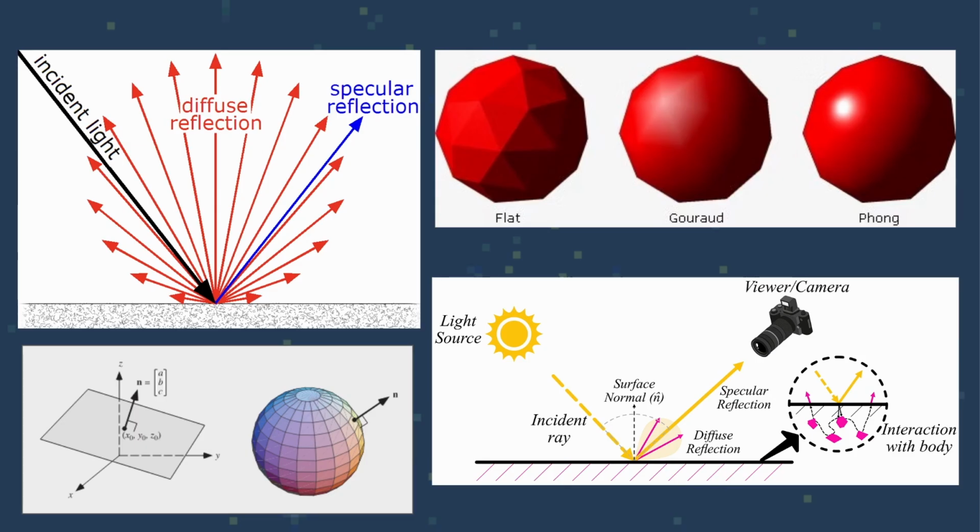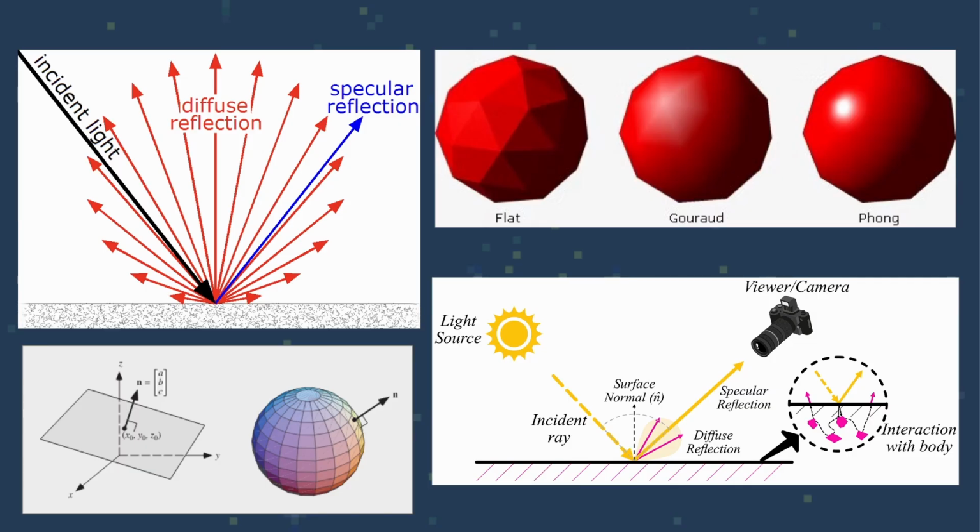For example, if you just use the direction of the surface itself, you get flat shading, which is that first sphere. And that kind of looks okay. You can see some shadows being created.